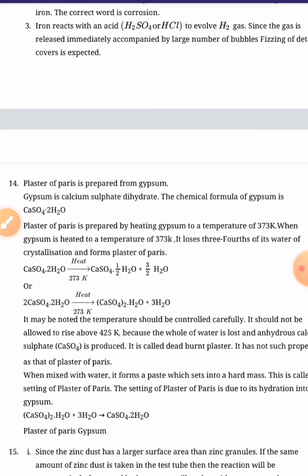The formula is given: CaSO4·2H2O, heat at 373 Kelvin, gives CaSO4·1/2 H2O plus 3/2 H2O. Or 2CaSO4·2H2O, heat at 373 Kelvin, gives 2CaSO4·H2O plus 3H2O.